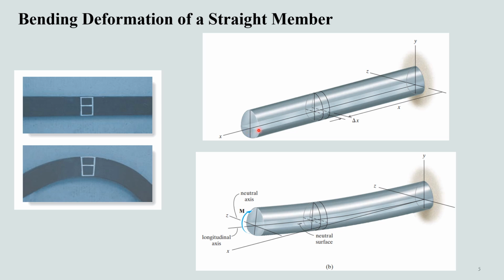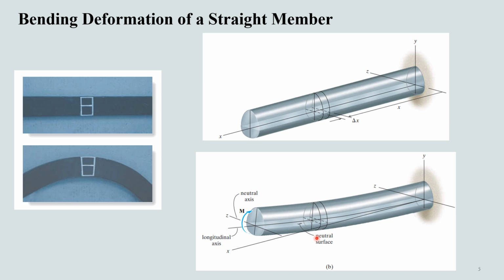The moment will tend to deform the beam so that this line becomes a curve that lies in the xy plane of symmetry. So this line will become a curved line, but it will not change in length. It will change its angle but not length, and it will lie in this xy plane of symmetry.